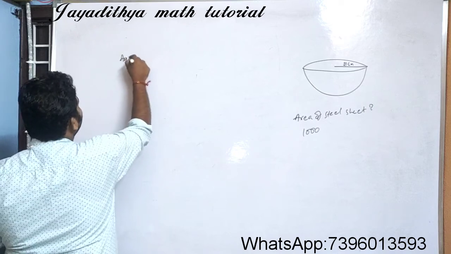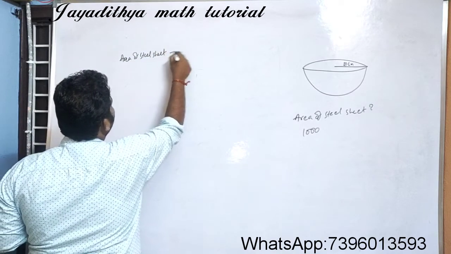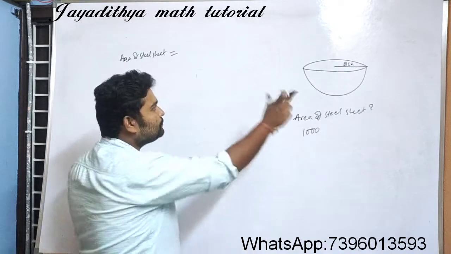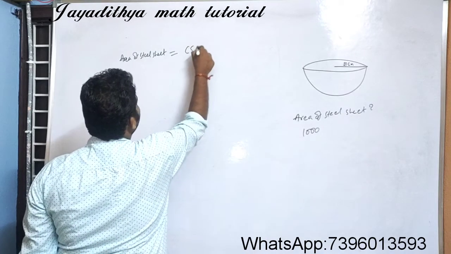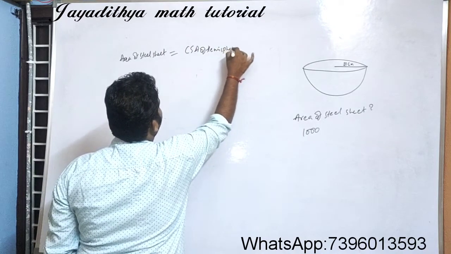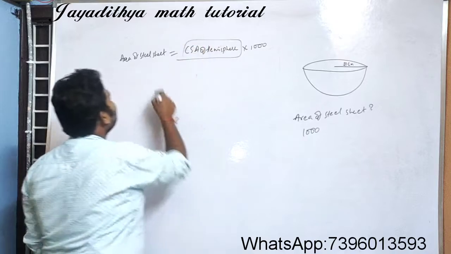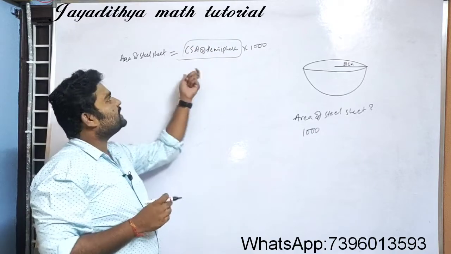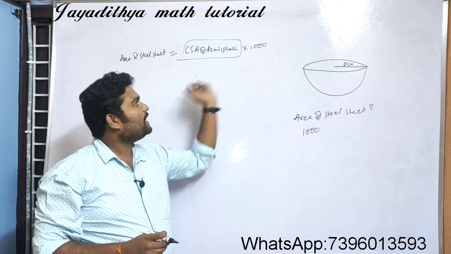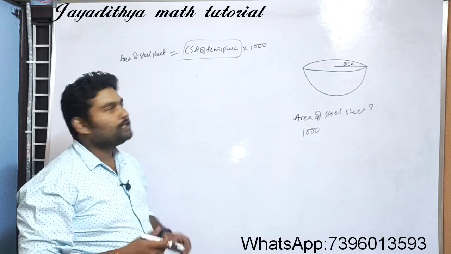Area of steel sheet will be equals to, first of all you need to find the curved surface area of the hemisphere, that is CSA of hemisphere into 1000. First you will be knowing the area of steel sheet required to form one basin, and you need to find area for 1000 basins. So into 1000 you can do.